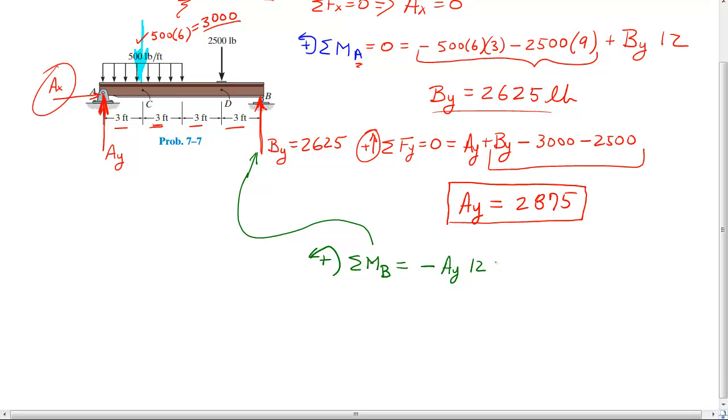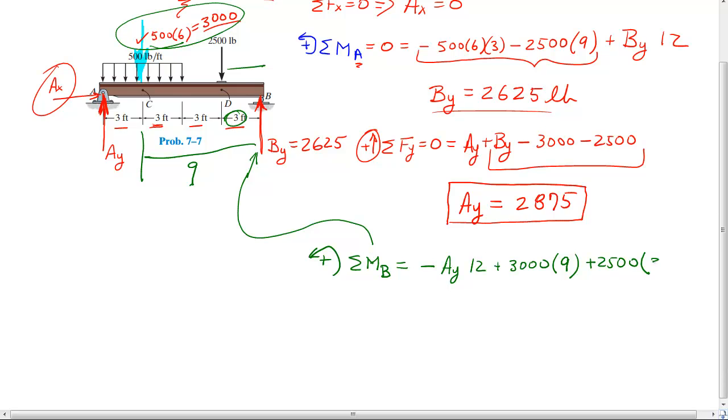Positive 3,000, this load right here, is now 9 foot from that end. And then this load right here, which is 2,500, is only 3 foot from that end.